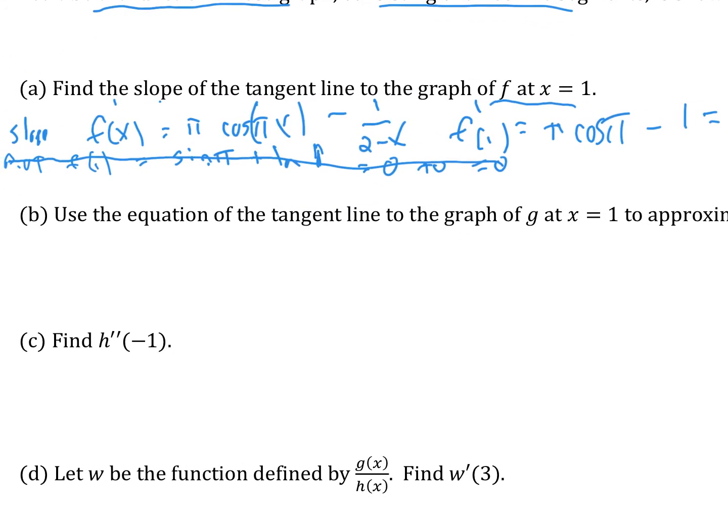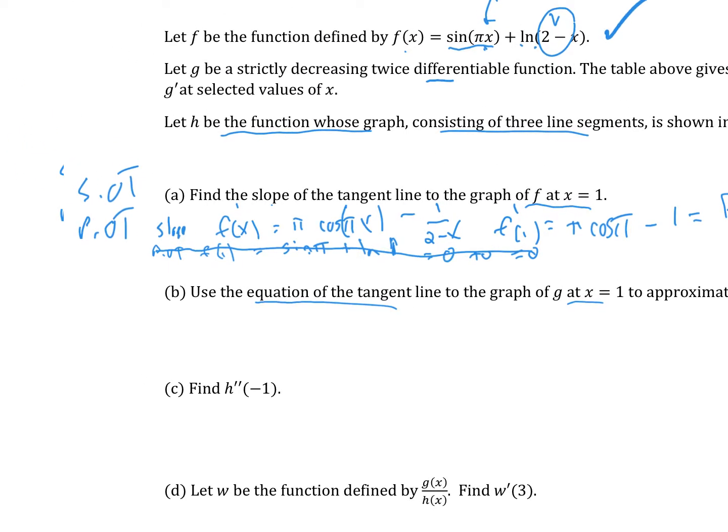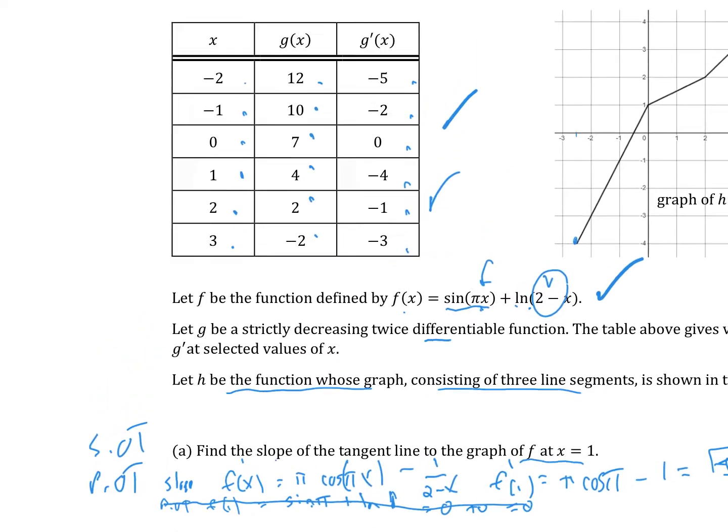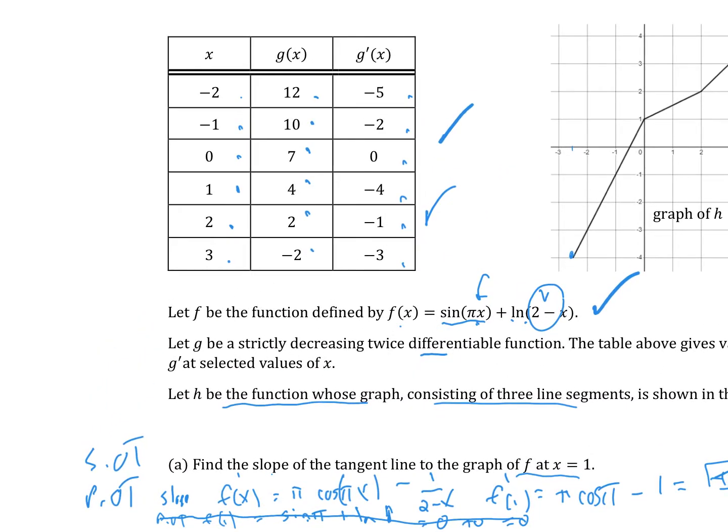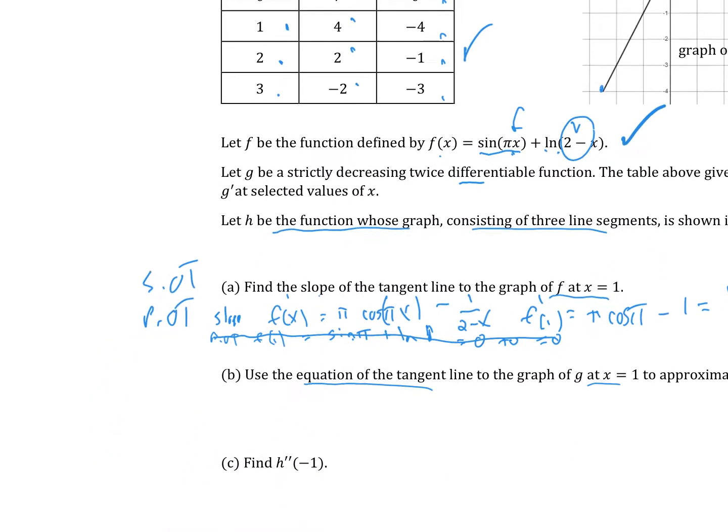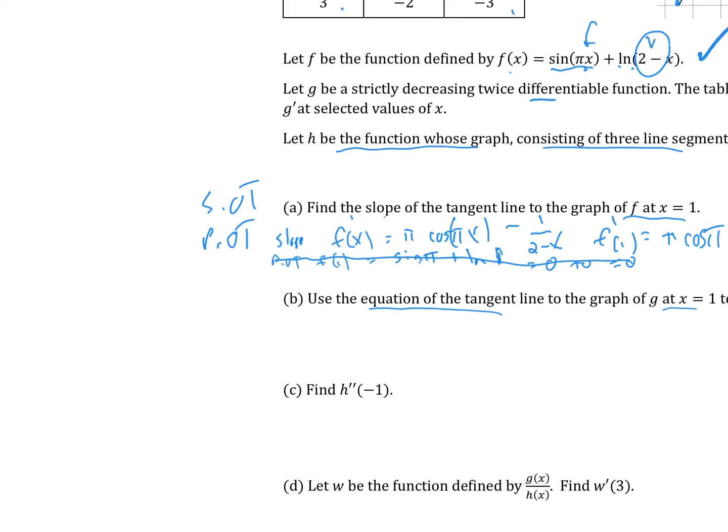I knew I saw a tangent line somewhere, the equation of the tangent line to the graph of g at x equals 1. Well, that was f, so that didn't help me at all. G, remember, comes from this table. So, as I was saying, I need the slope of the tangent line and the point of tangency at x equals 1.